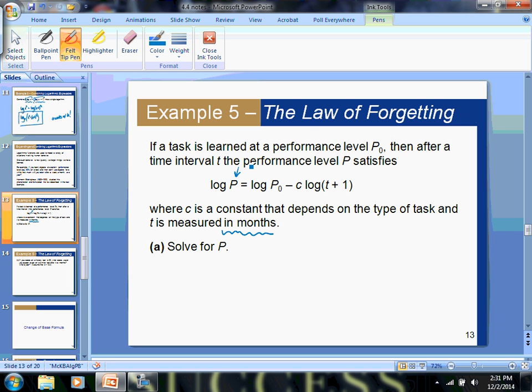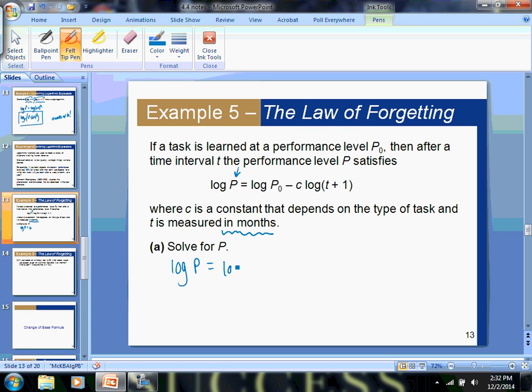So how we're going to do that then is we're going to try to take out the logarithms. Okay, so on my right side of this equation, I have two logarithms that are being subtracted. So that means I can combine them together with division. So I'll still have my log of p equals, but now instead of having two separate logarithms, I'm going to combine them together.